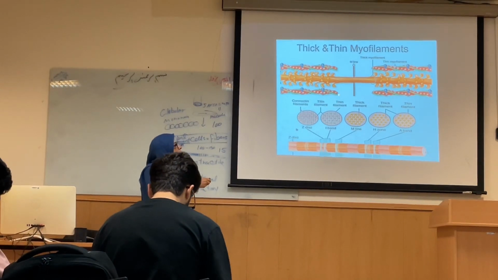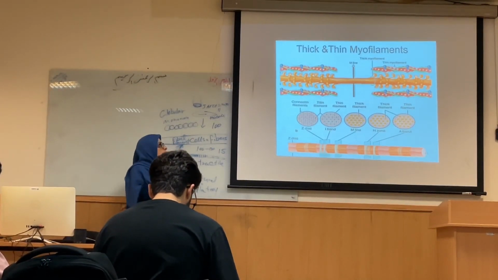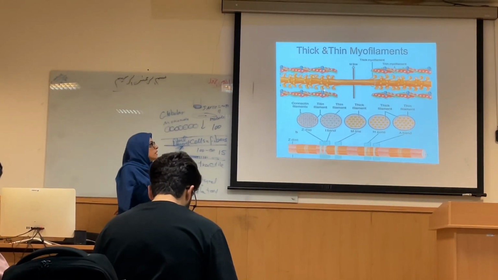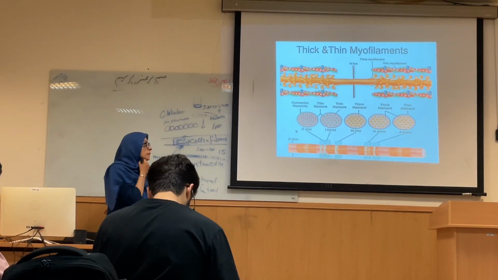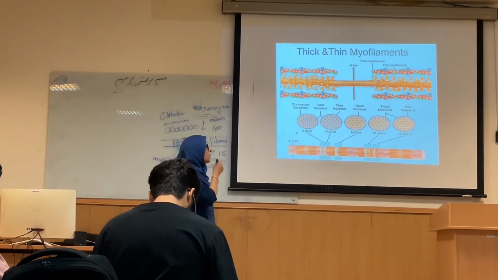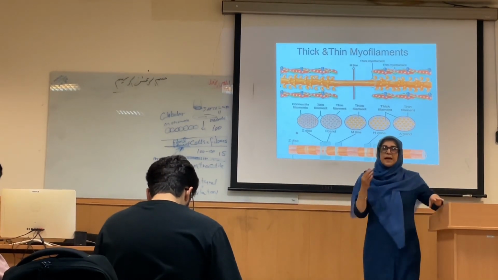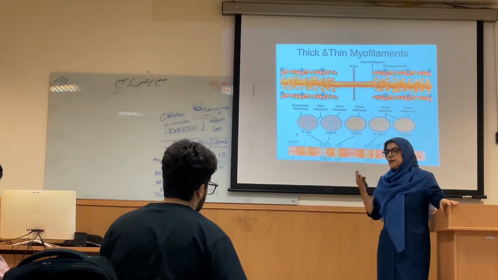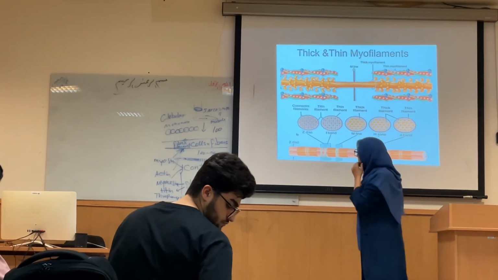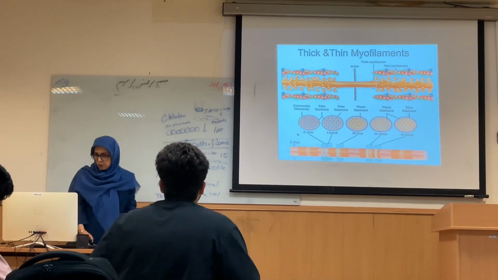In the thin filament part, you see F-actin, troponin and tropomyosin. In the contraction, the head of the myosin attaches and detaches to the actin filament, which we will explain in more detail in physiology.